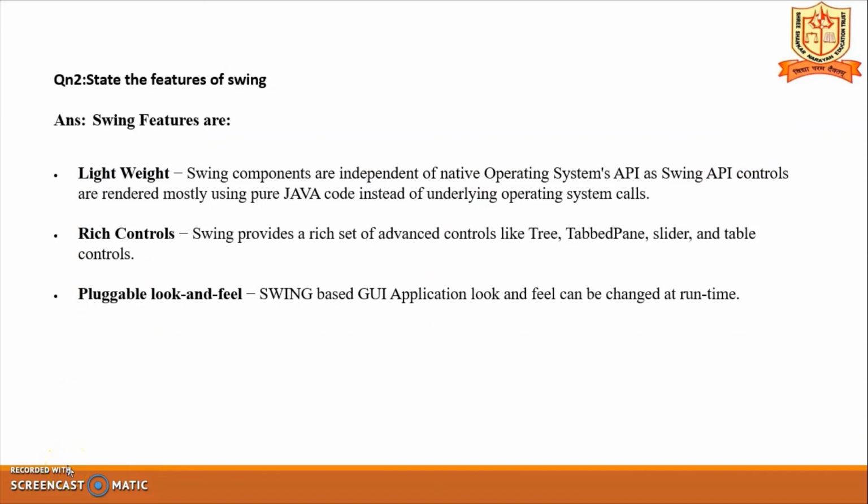Question number 2: state the features of Swing. So what are the features of Swing? Swing components are lightweight. Swing components are independent of the native operating system API, as Swing API controls are rendered mostly using pure Java code instead of underlying operating system calls.